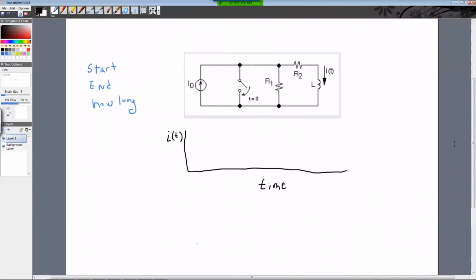All right. So I could redraw this where I have the current source, and I'm not even going to bother with the switch. I have R1, and I have R2, because that's at 0.